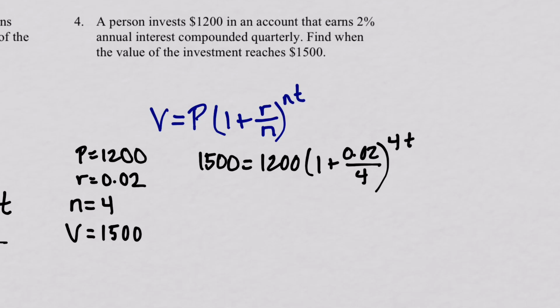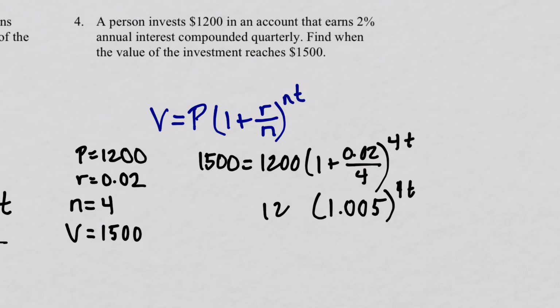What I'm going to do first in this case is divide 0.02 by 4, which is 0.005. So 1 plus 0.005, that's 1.005, right? So that inside the parentheses is 1.005 to the power of 4t.